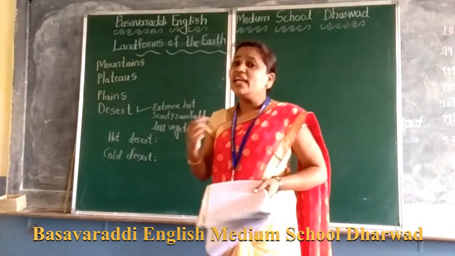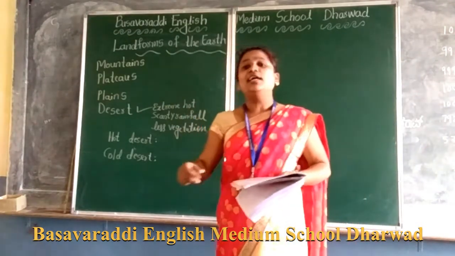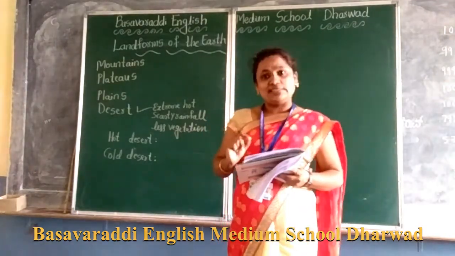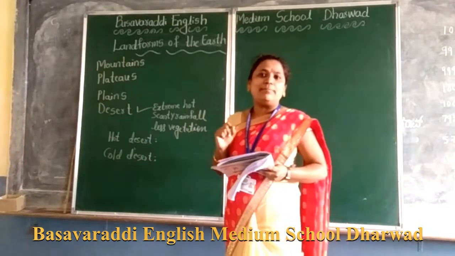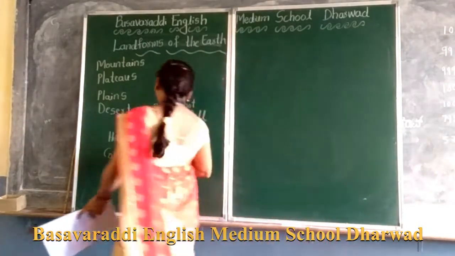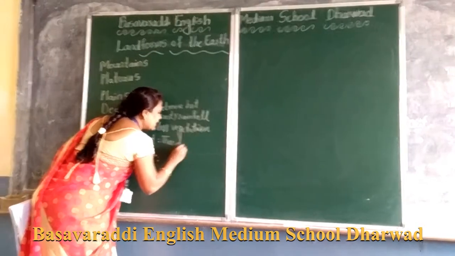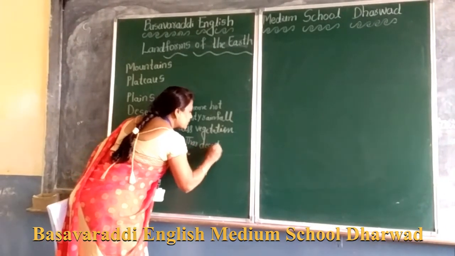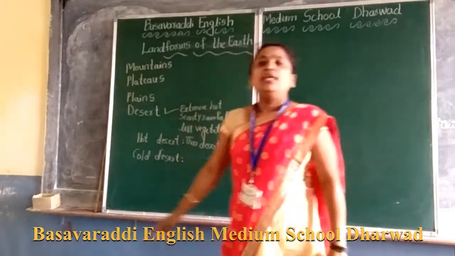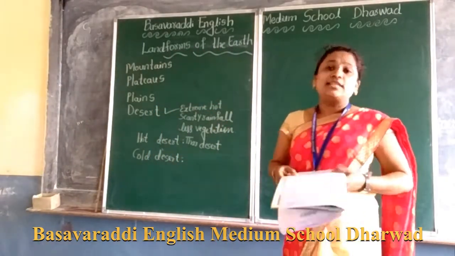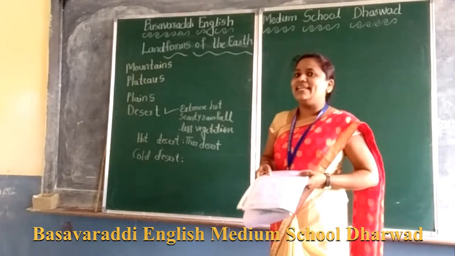Then where can we find hot desert, where can we find cold desert? Thar desert is an important example of hot desert. Thar desert is in India.